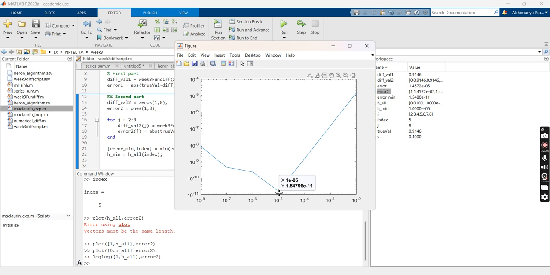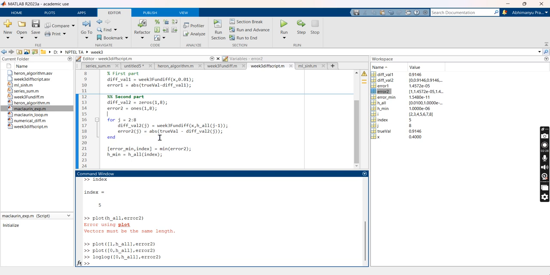So what I have just done is I have initialized my diff val to a 0 vector, and I have initialized my error as ones, because what the issue was with your code was that you were directly trying to access the second element. So the first element, MATLAB already makes that element 0. Now whatever other errors that you were getting, they will be greater than 0 only, right? Because they were of the order like 10 to the power minus 6, minus 7, minus 5, minus 2.